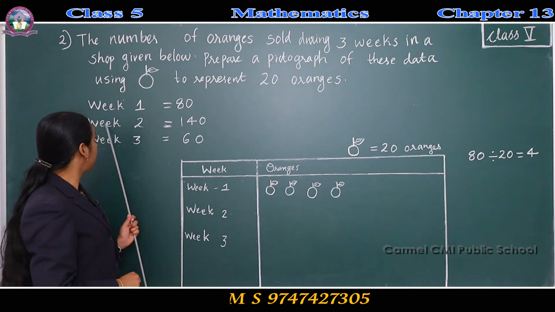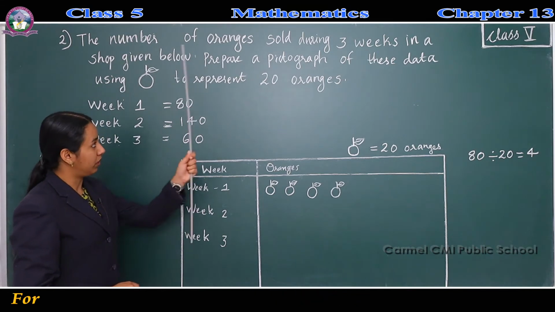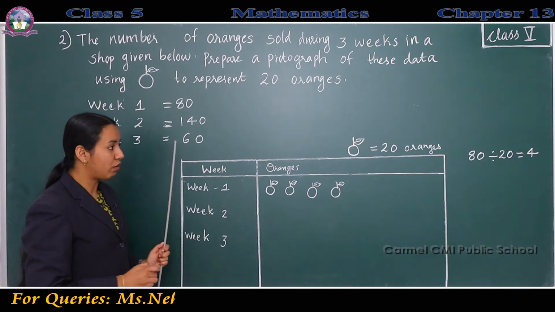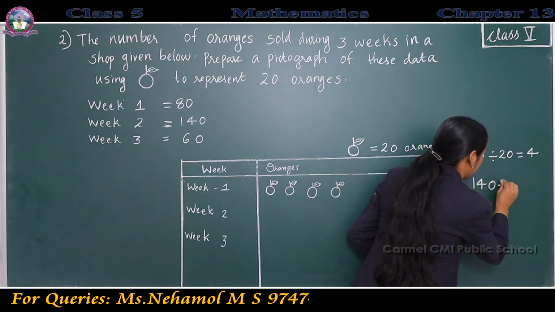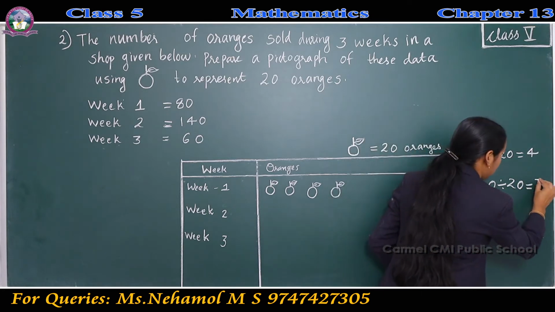Next one, week 2, 140 oranges. One picture represents 20 oranges. So 140 divided by 20 is equal to 7.